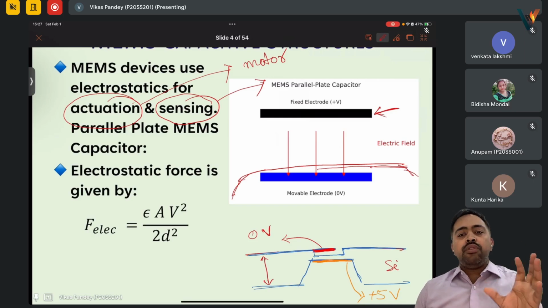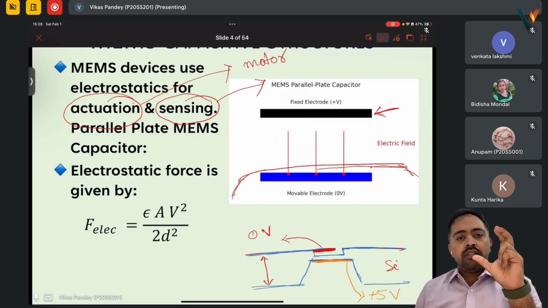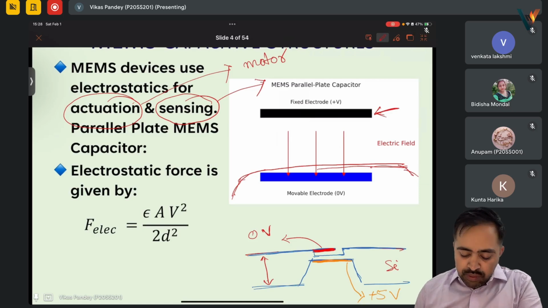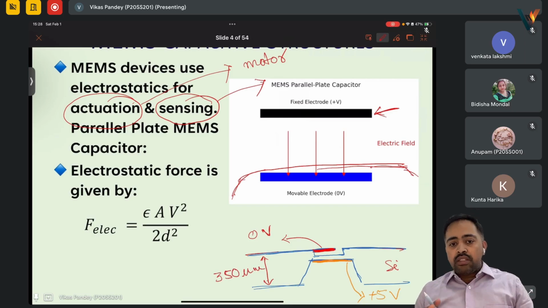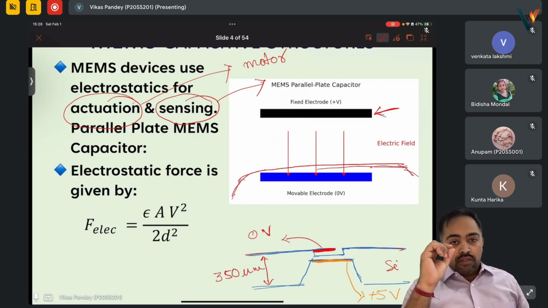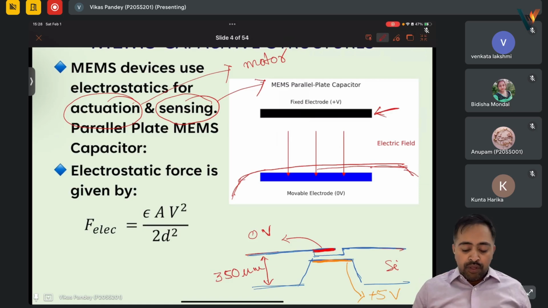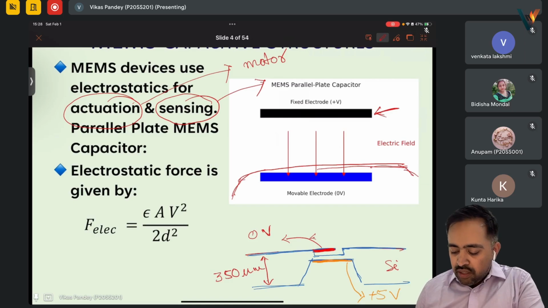So, this whole distance here, if we take a 3-inch wafer, will be 350 micrometer. This thick only is the whole wafer thickness, very thin. Now this whole structure can be say 100 or 200 microns.